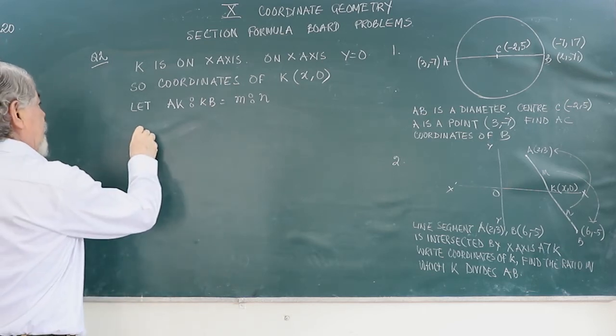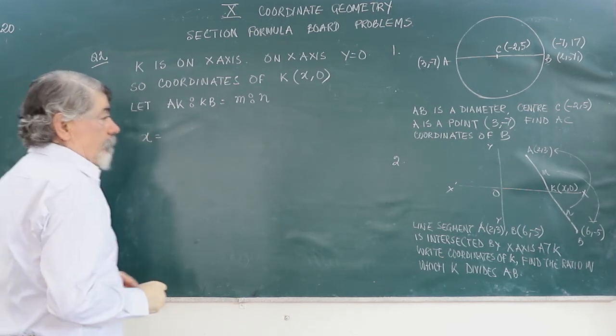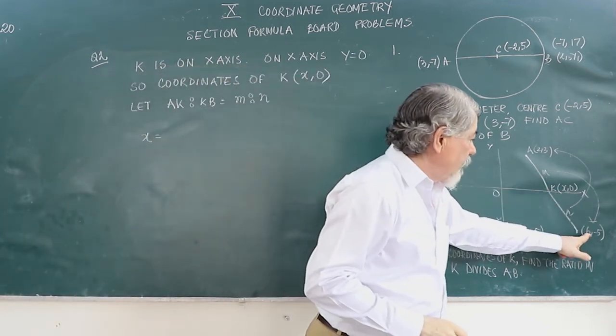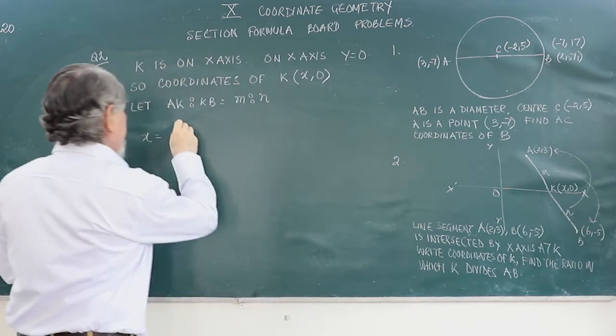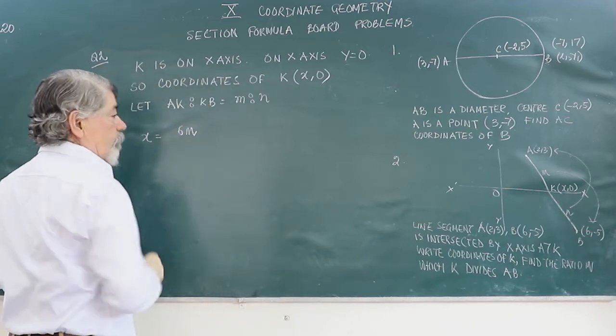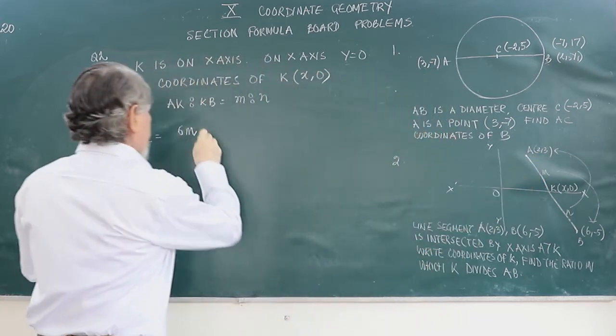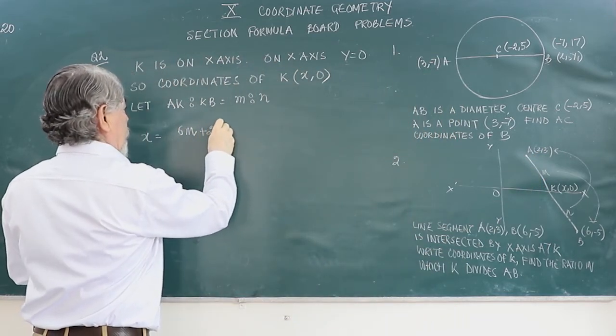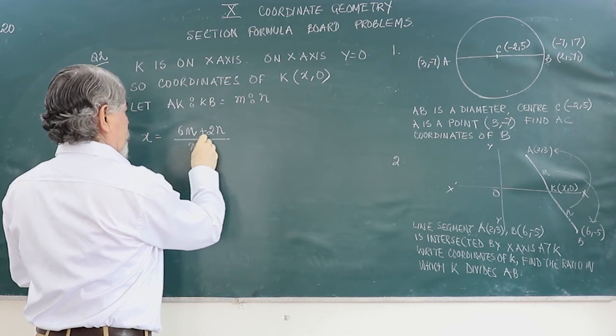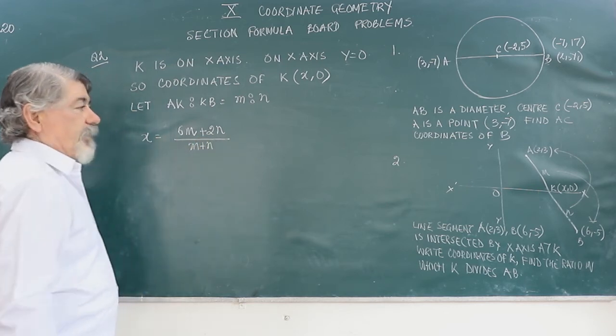So x will be m into x2, m into 6, that is 6m, plus n into 2, plus 2n, upon m plus n. We get this.